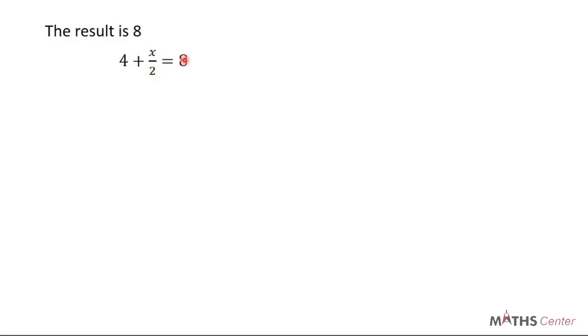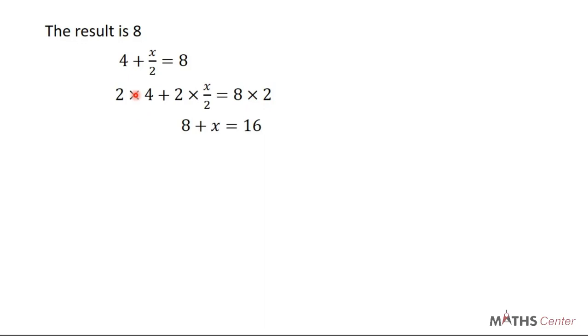So 2 times 4 plus 2 times x over 2 is equal to 2 times 8, or 8 times 2.